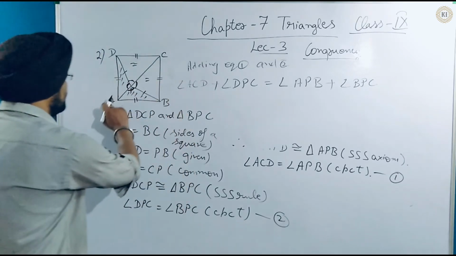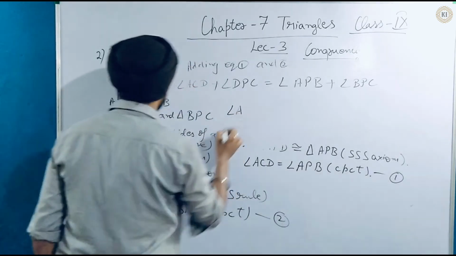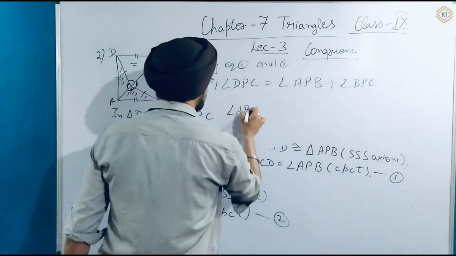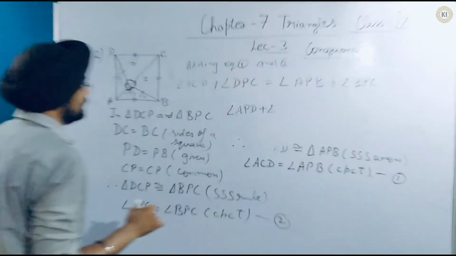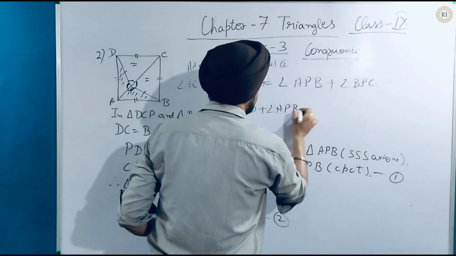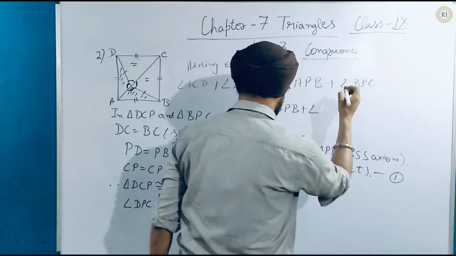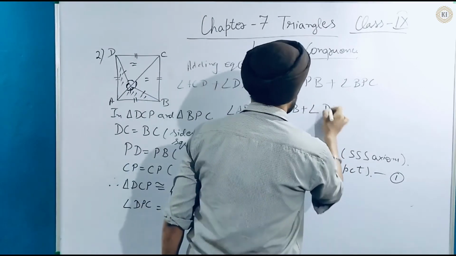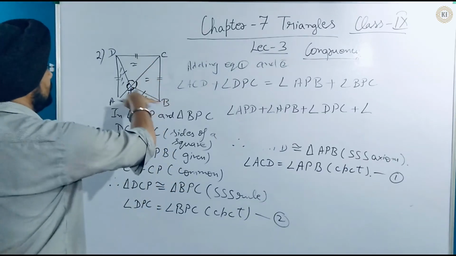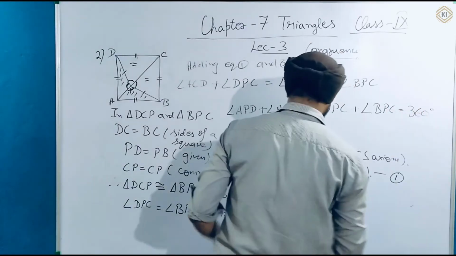So here we can write angle APD plus angle APB plus angle DPC plus angle BPC will be equal to 360.